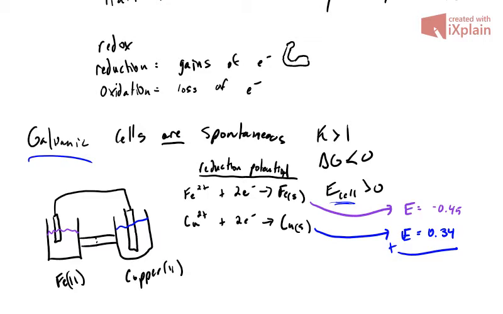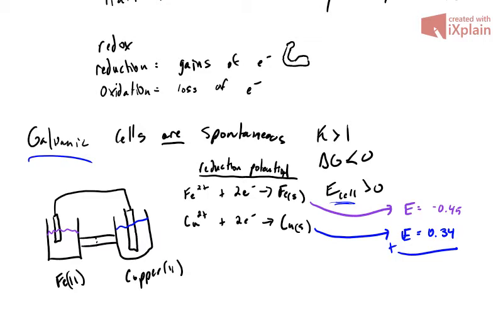The only way to do that would be if we flip the iron, I believe. Yeah, if we flip the iron. We also need to make sure that the electrons are not on the same side, because you can't just have both reactions going on be reduction. If you do that, then you're pulling electrons out of nowhere.